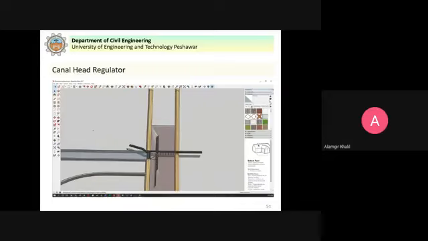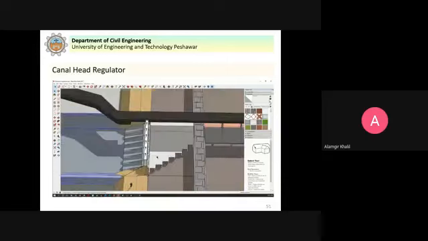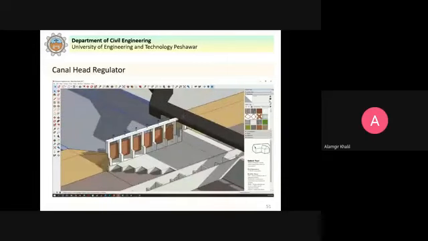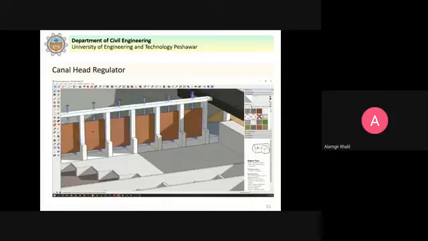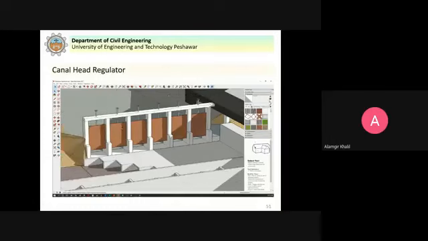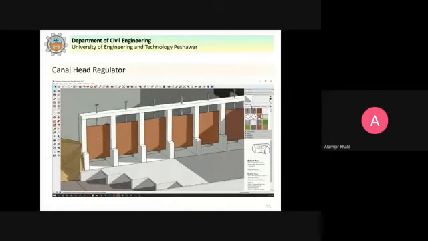Now in this case you can see the head regulator. The gates are provided and the flow is controlled by opening and closing the gates, either manually or mechanically. By lowering or raising the gates, the water into the canal is controlled.